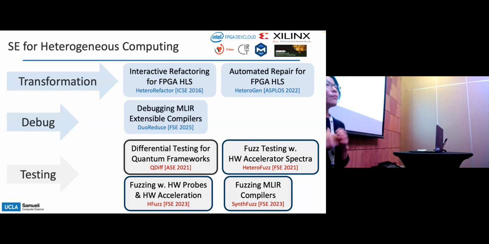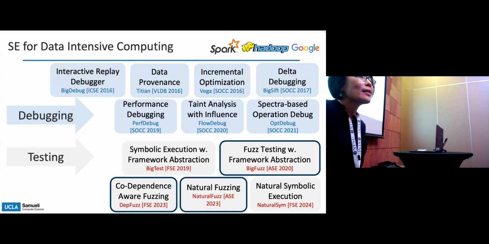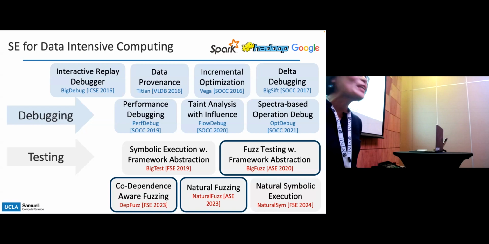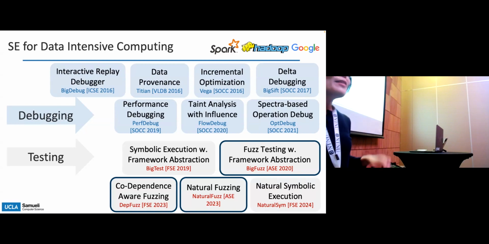When I was first looking into this space of BigFuzz, I previously worked on BigTest, which is a symbolic execution-based testing with framework abstraction. And I visited UC Berkeley around the time of 2018. Again, I figured that was the time that I was going up for full professor, and I wanted to visit Koushik-san and talk about a little bit of work.